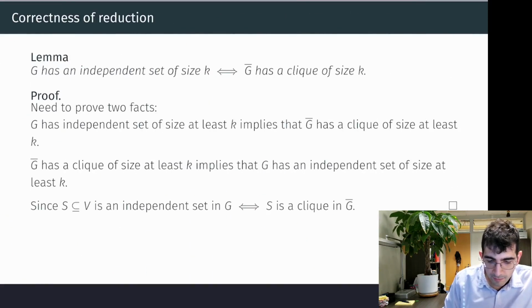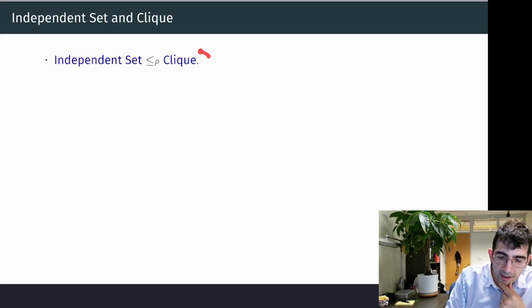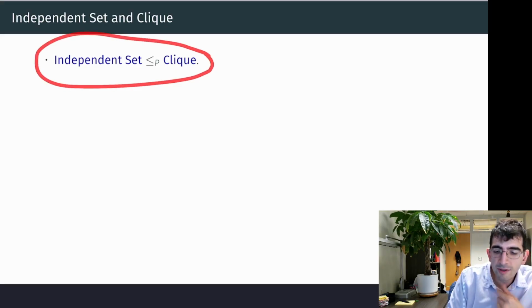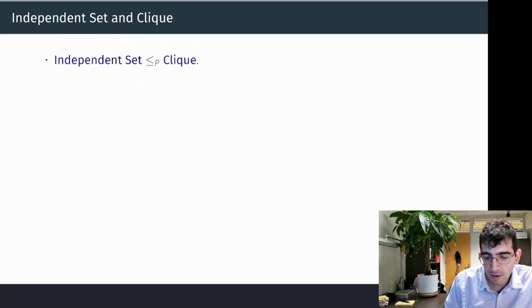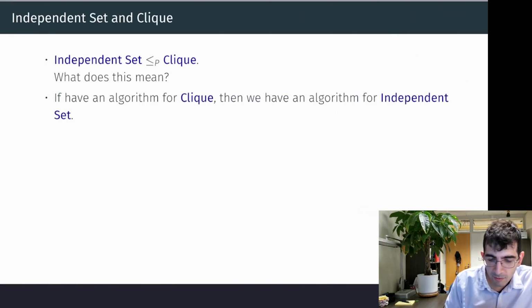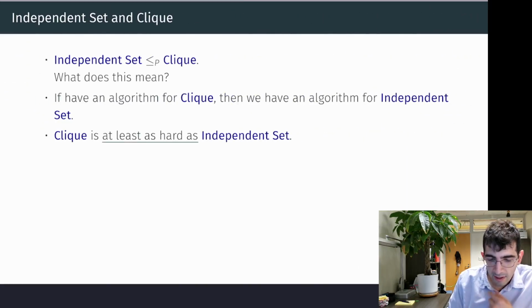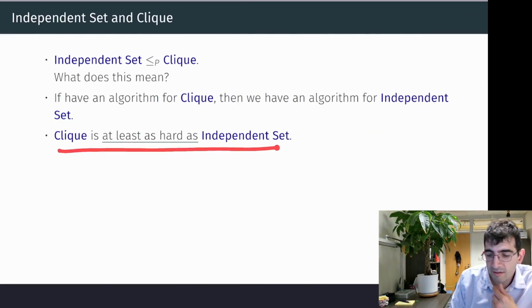So that's what we've shown. This is just a proof for what we've shown. But what does this show? This shows that independent set is polynomial time reducible to clique. Okay, so this means that if you have an algorithm for clique, then we have an algorithm for independent set, and clique is at least as hard as independent set.